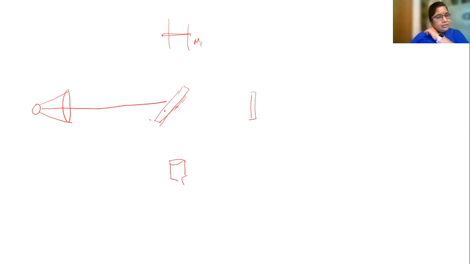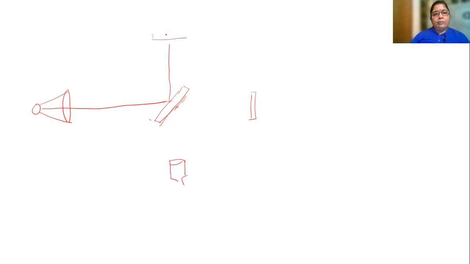Now this light, incident on this partially reflecting and partially refracting plate, is split into two beams, as I told you. One beam goes to mirror M1.